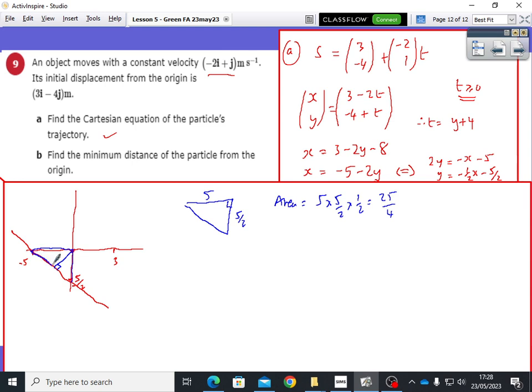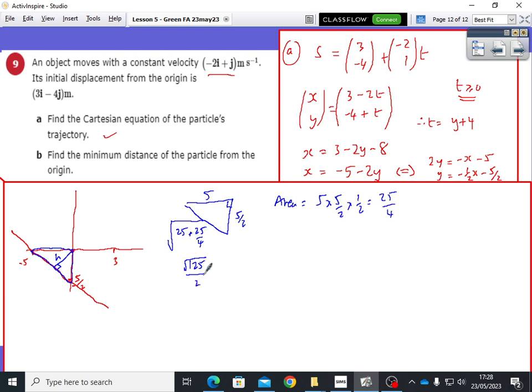So if I find this base and call this the height, which is the one we need to find, we can do Pythagoras there. Using Pythagoras we can get 5 squared, which is 25, plus this one squared, 2.5 squared, which is going to be 25 over 4, and square rooted. So that's going to give me the square root of 125 over 4, and the square root of 4 is 2.